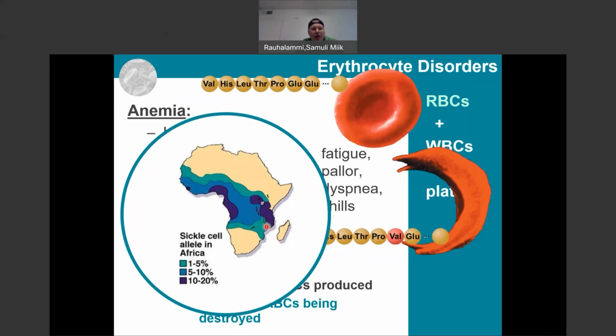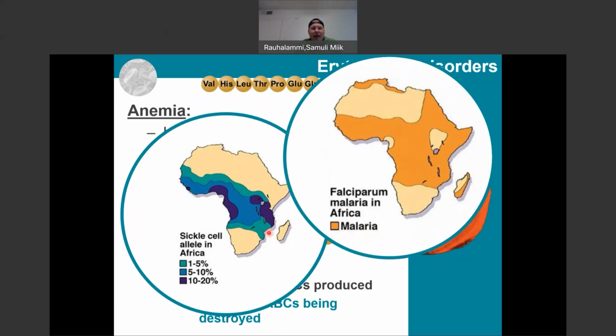And you might initially think that that's really unfortunate for these individuals. How did this happen? But we have to always take a little bit of a step back and remember that evolution maintains certain characteristics for a reason. There is another condition that we see mapping nicely onto this same area, which is the prevalence of malaria being especially common in the areas where sickle cell anemia is common.